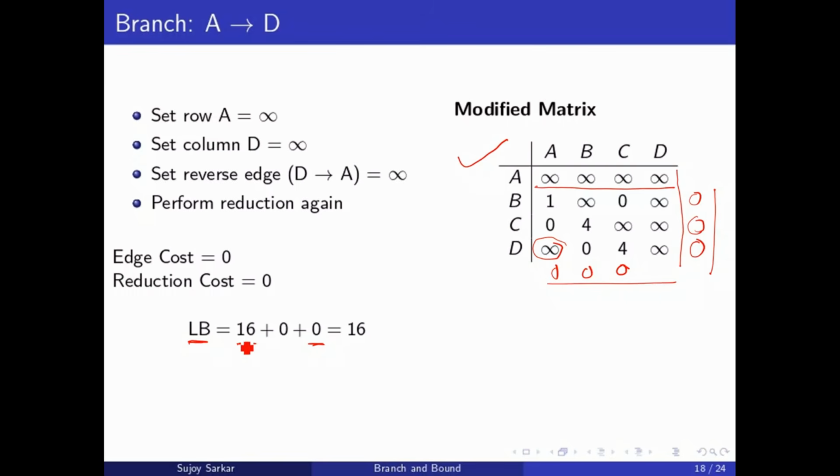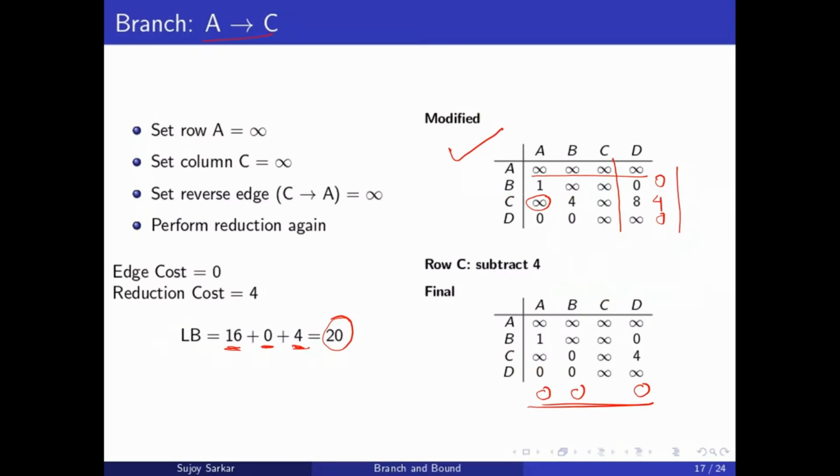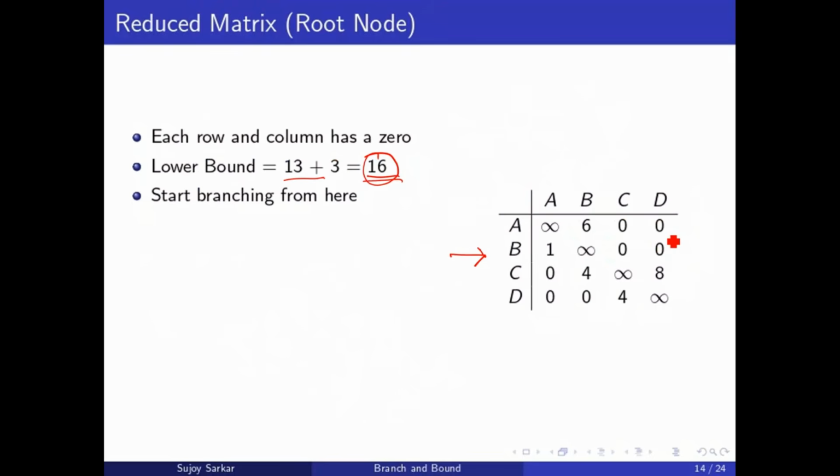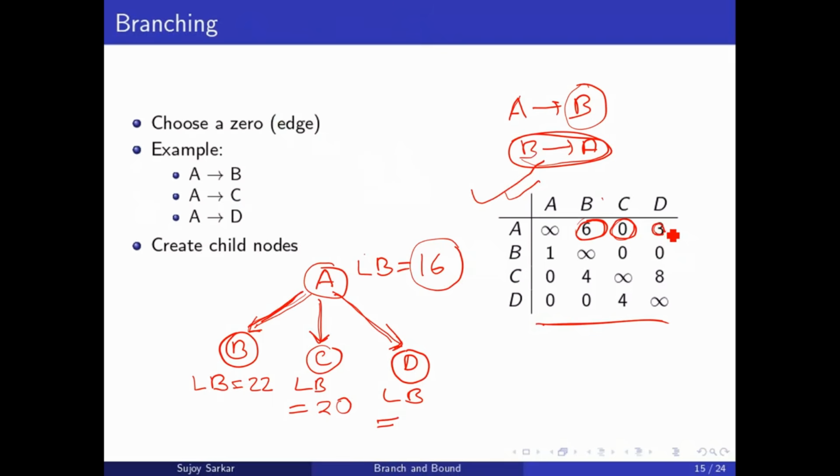Next, here how will we calculate the lower bound? Parent lower bound is 16. Reduction cost is 0. And next we have to look at the edge cost A to D in the parent matrix. So A to D, and there is a mistake actually. If we look at the previous one, it was 0. So this should be 0.